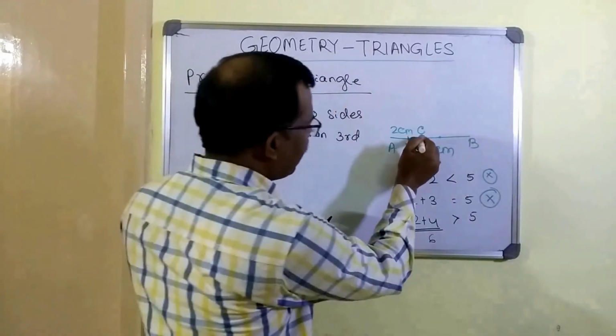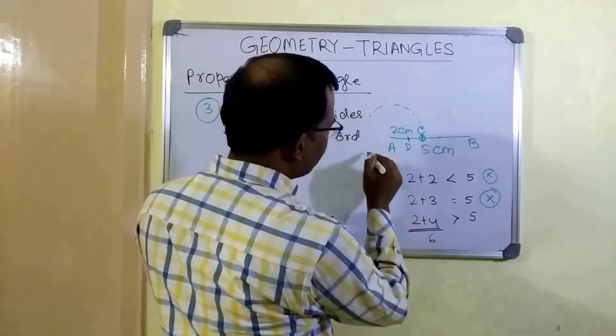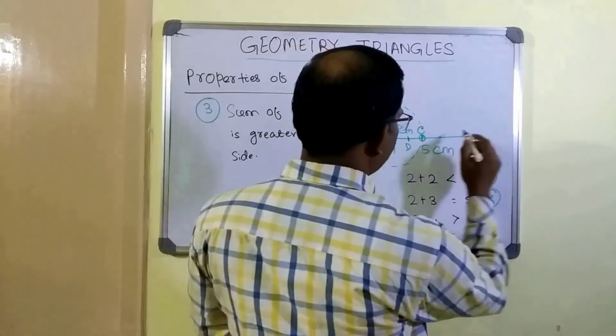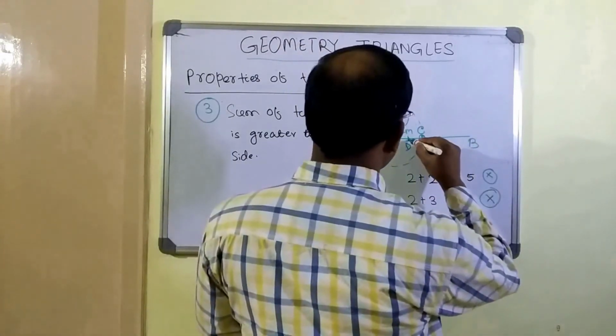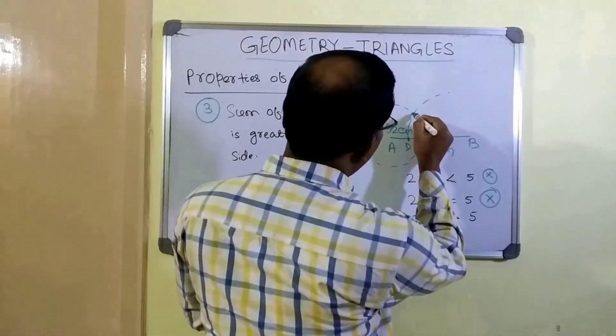And just take this, create a circle, and then from B try to create a circle over here. Then they will meet at some point.